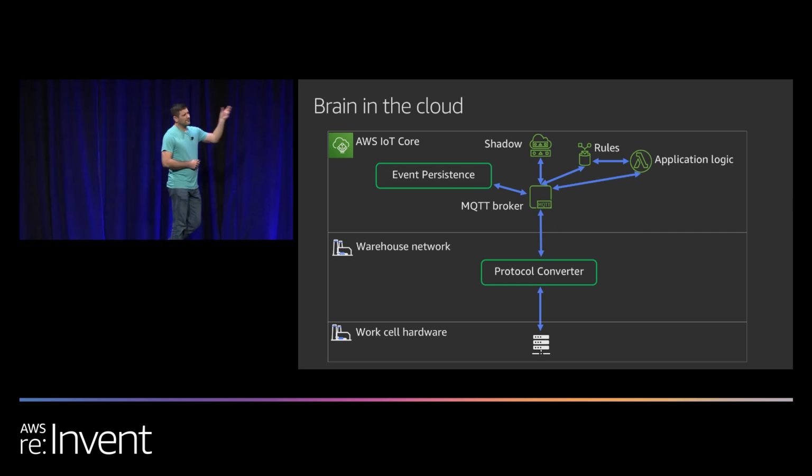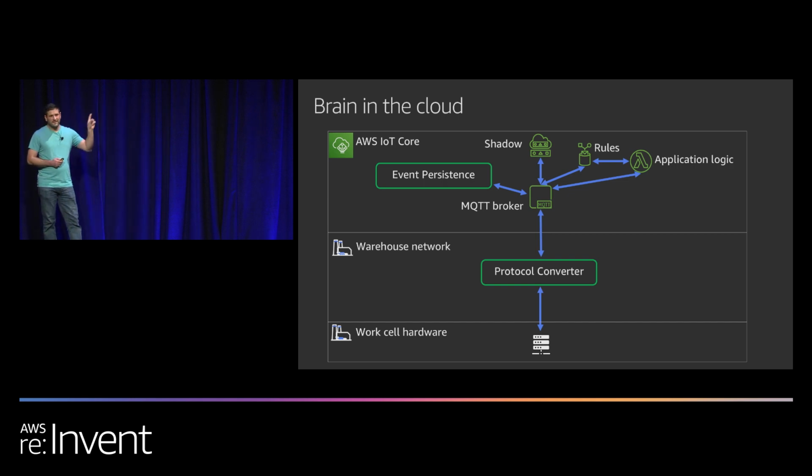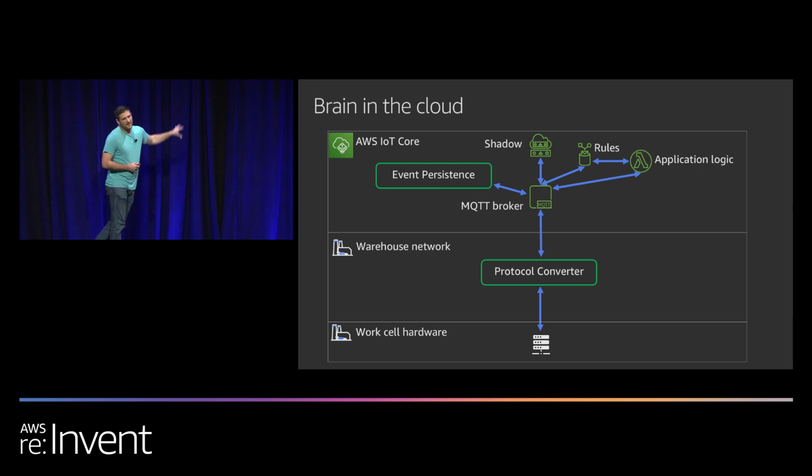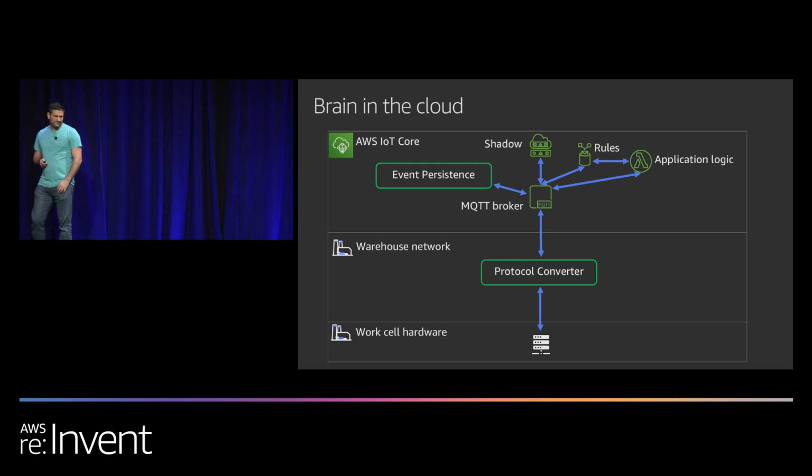Then, the event persistence layer gave us an opportunity to make the device look like it was just doing shadow updates. So if I had a PLC that was capable of just emitting certain state to the cloud as a shadow update, then I could throw away that code, in a sense, have a native industrial IoT device that could just replace that function, and all of my core business logic remained the same. And so separating those in that way was a useful paradigm for us.